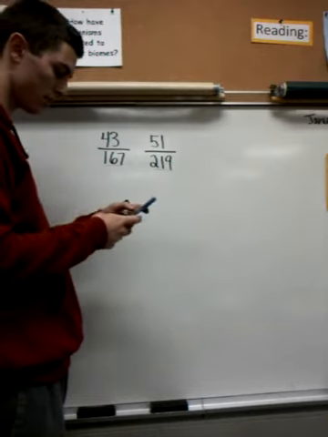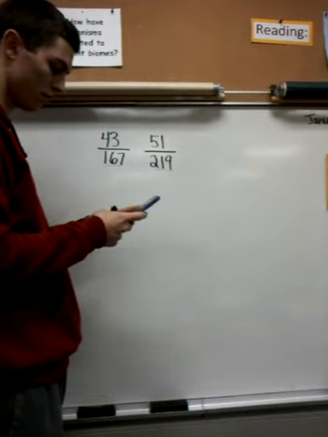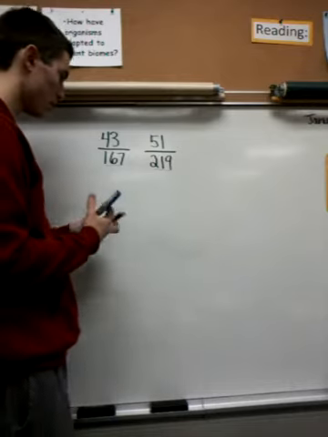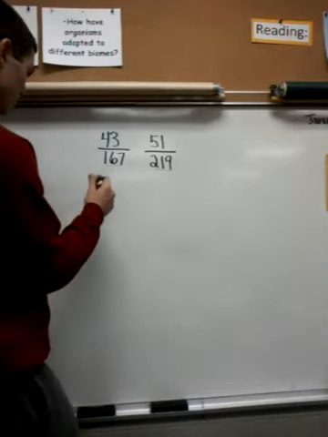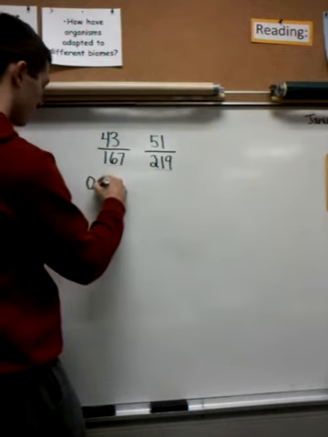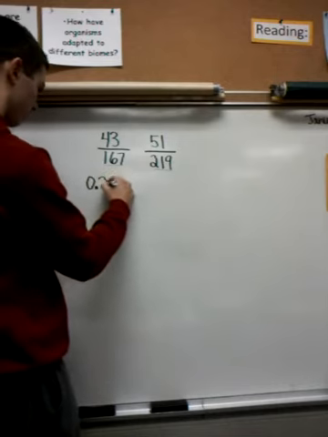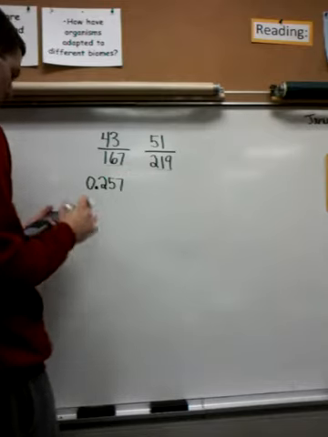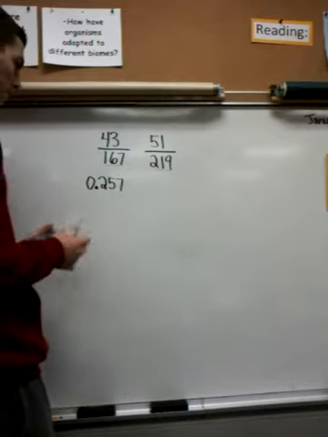Okay, 43 divided by 167, and that comes out to 0.257. Okay, and there are some more numbers, but I'm just going to round it to that for now.